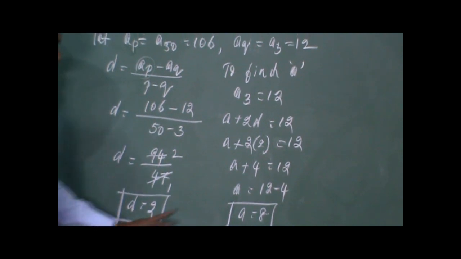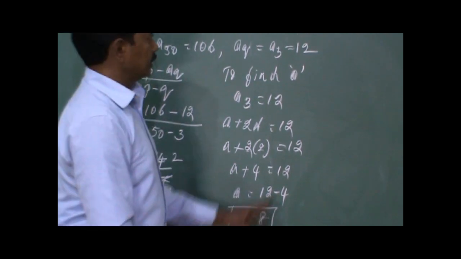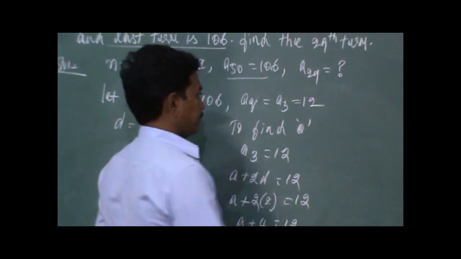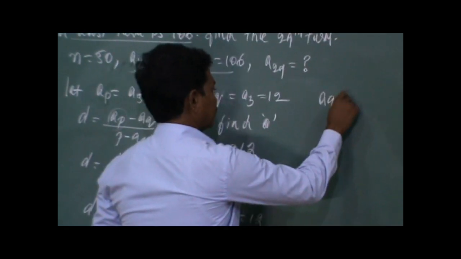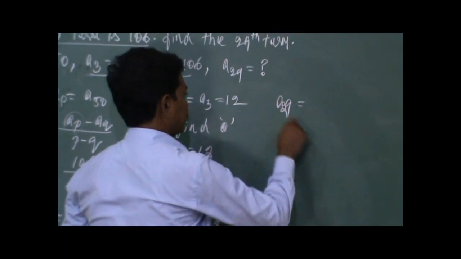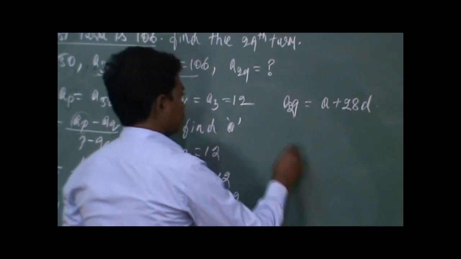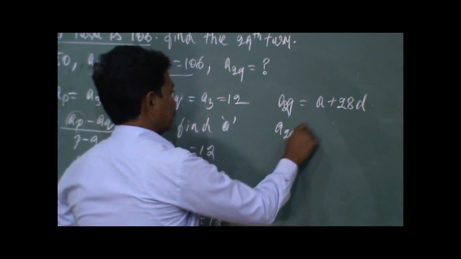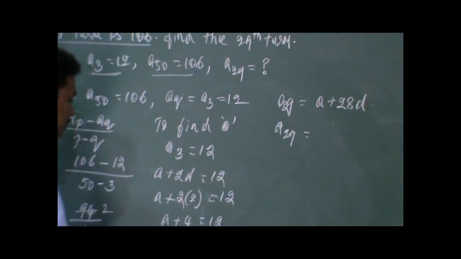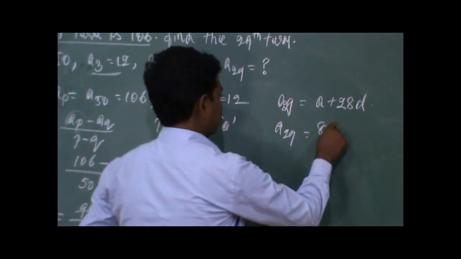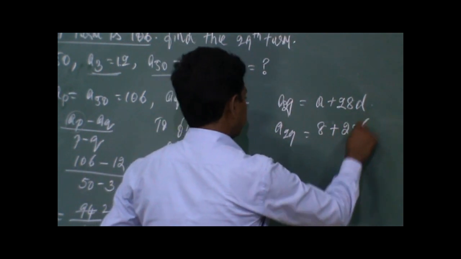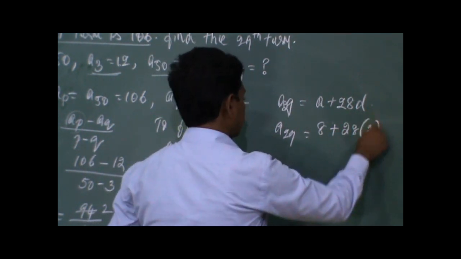So you have the D value, you have A value, you can easily reach A29. So A29 can be written as A plus 28D. So A29 is A, value is 8, plus 28 into D value is 2.